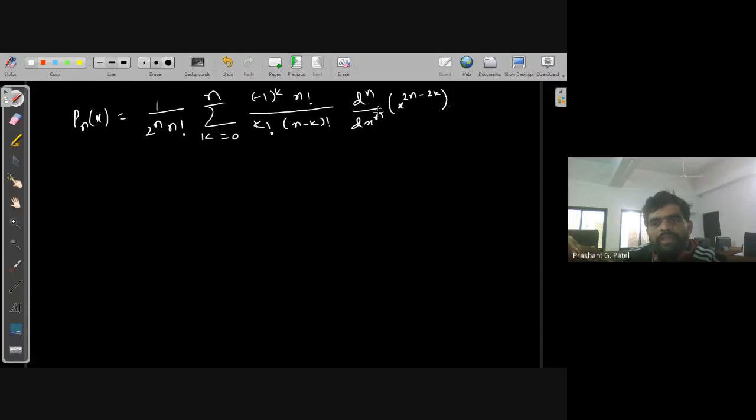Now if I take this derivative outside, I can rewrite this as 1 over 2 power n into n factorial, d raised to n upon dx raised to n of the summation k running from 0 to n.